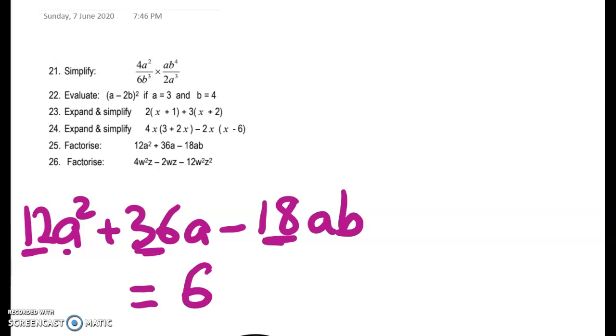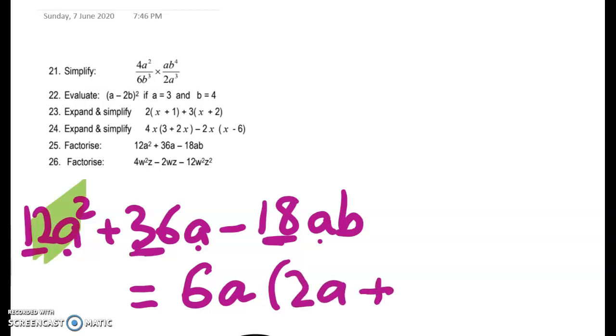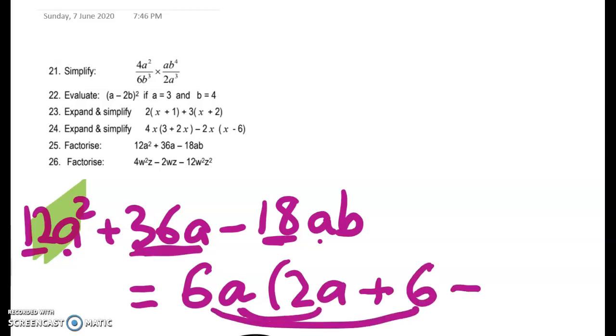Highest common factor with the a's will be just a, and there's no b common factor. Now, I'm going backwards and I'm saying, what do I need to times 6a by to get back to this? It's going to be 6a times 2a plus here, I need to times by 6. Right, so I'm basically expanding backwards in my head. Minus 3 to match the 18. I've got the a, and now I need a b. So that's that one done.